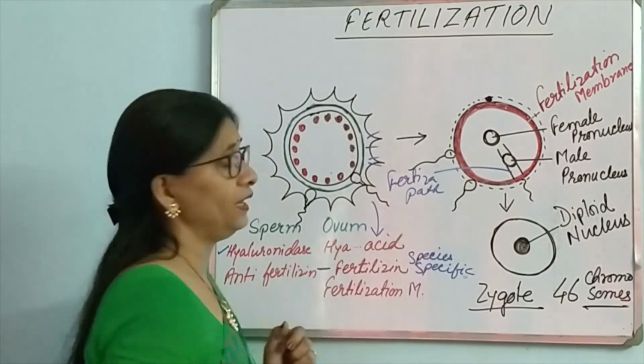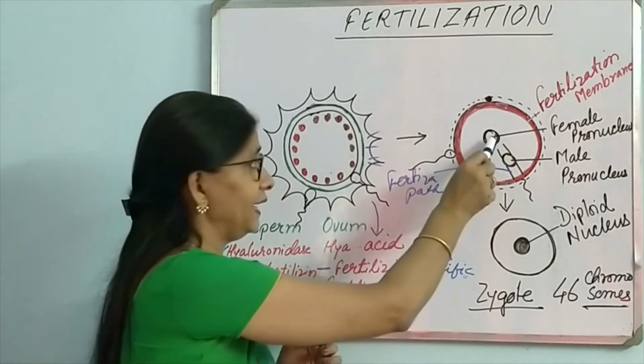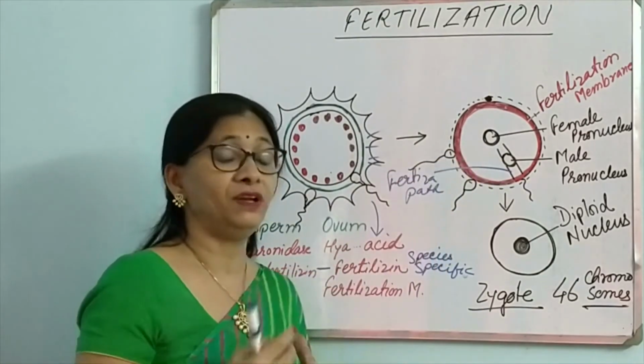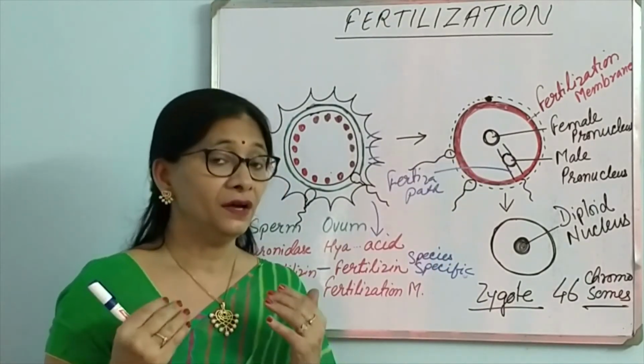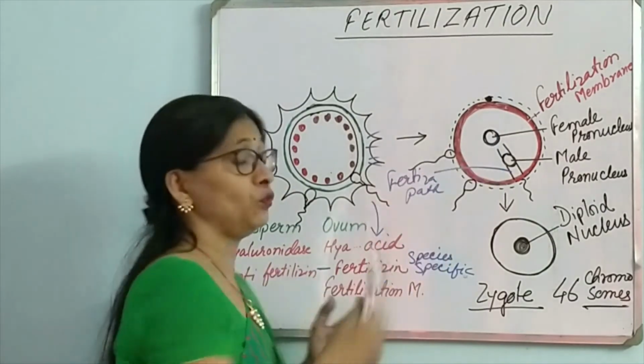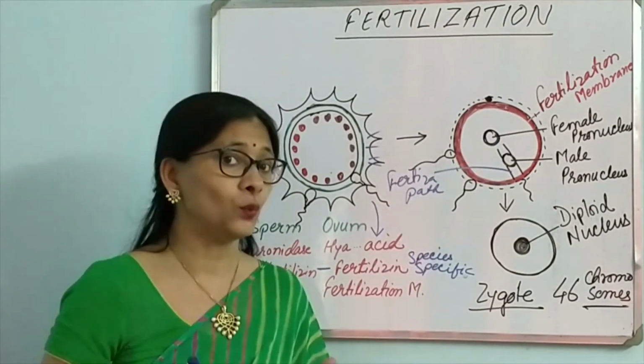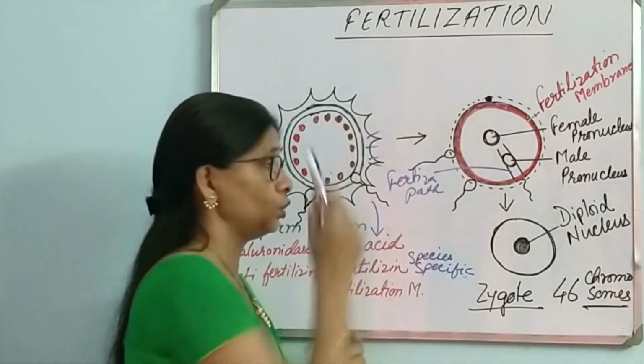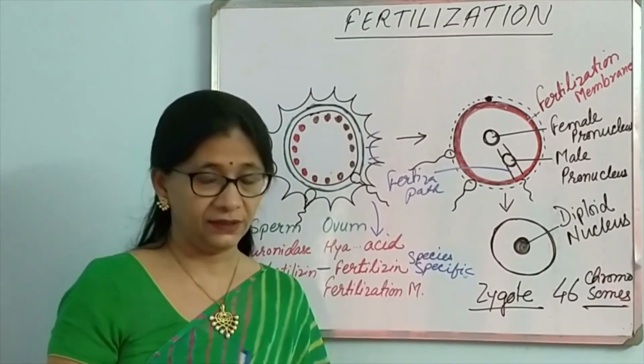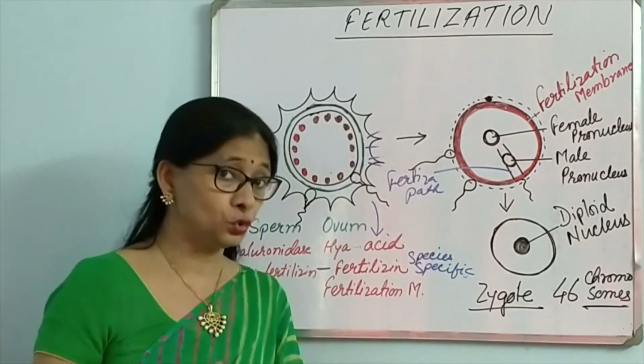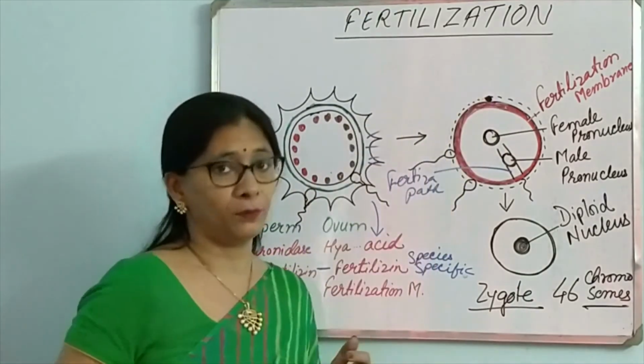When the male pronucleus is being formed, at that time the nucleus of the egg will also get the required stimulus, and it will wake up from its meiosis one stage, and it will also finish its meiosis. That means it will undergo meiosis 2 and take out one more polar body.